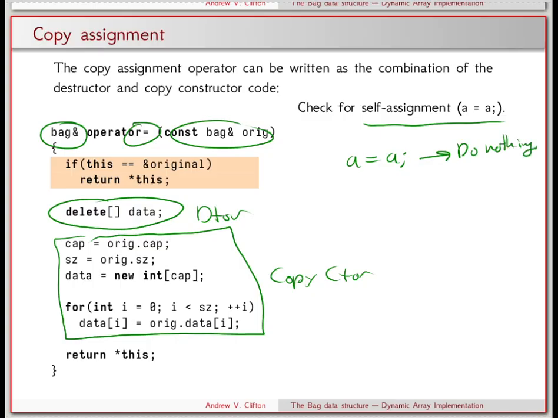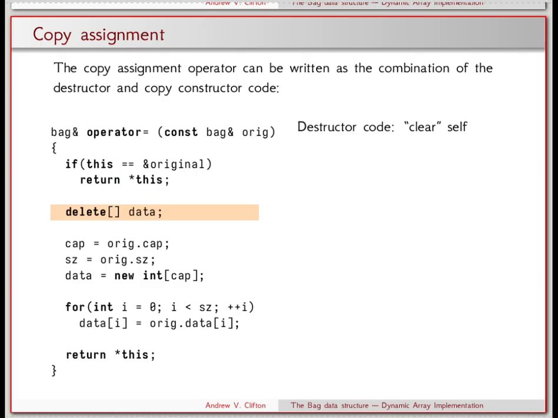But if you were to just run this code down here directly, first we would delete A's data, and then we would try to make a copy of it, but it's already been deleted. So if we just ran this code directly without checking for this situation, then bad things would happen. So up here, this is just checking to see, are we doing a self-assignment? And if so, we just straight up return without doing anything.